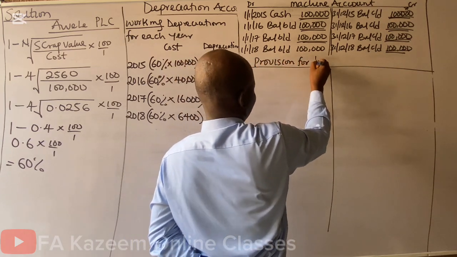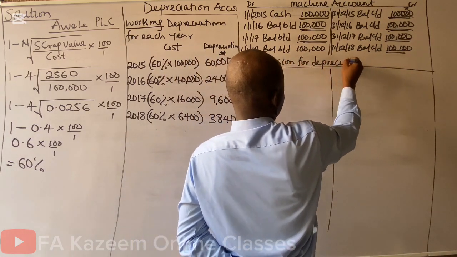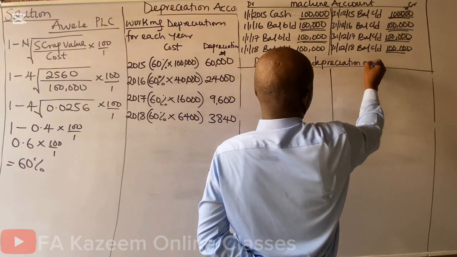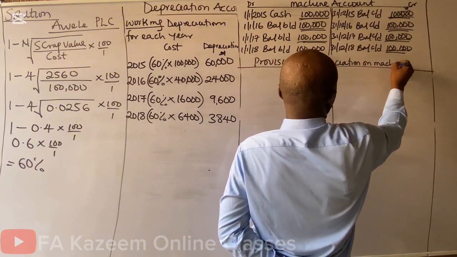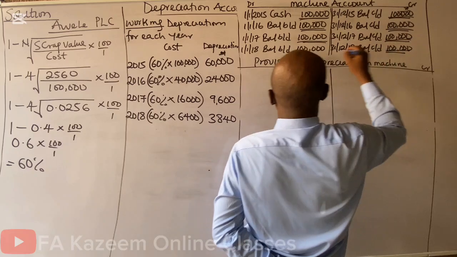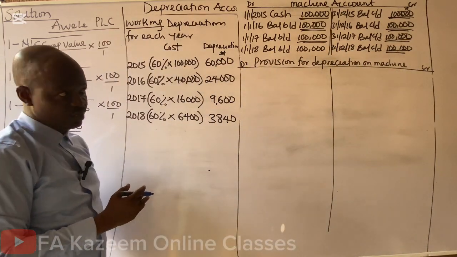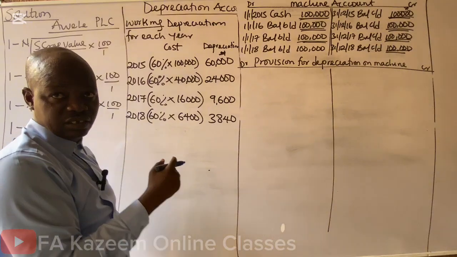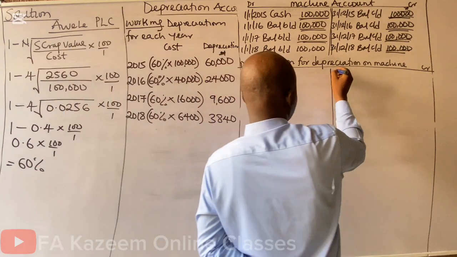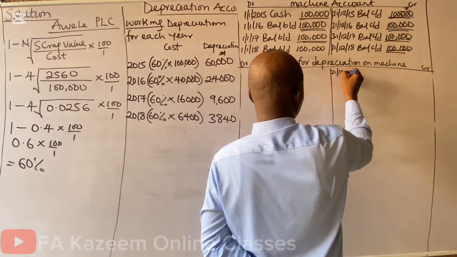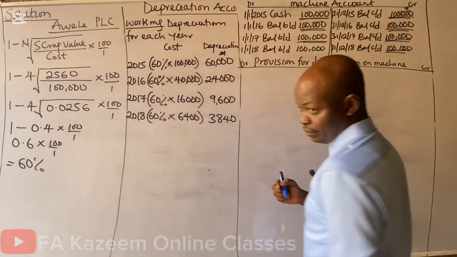provision for depreciation on machine, credit and debit. How do we solve for this? We start on the credit side. On 31st 12, 2015. Why?